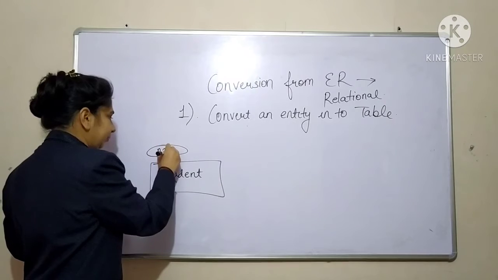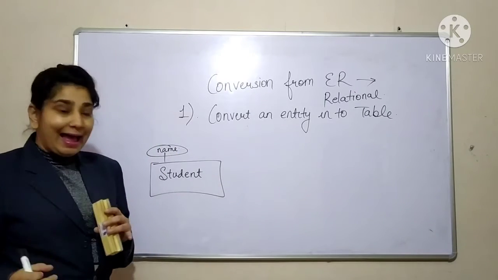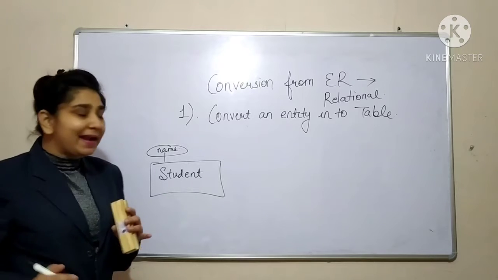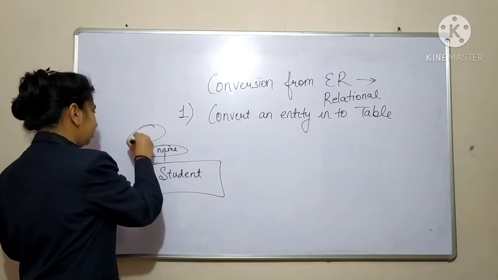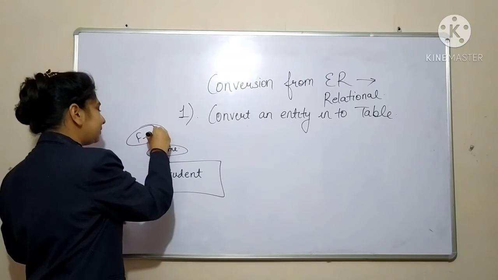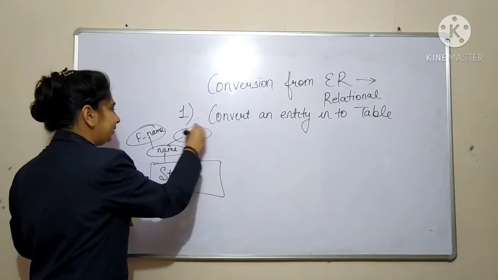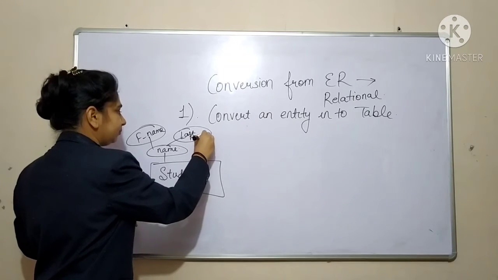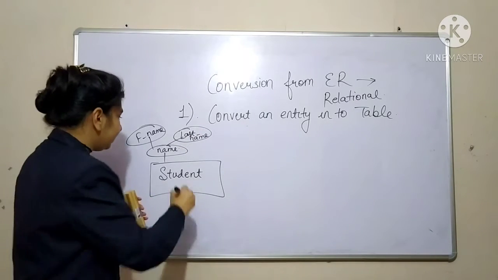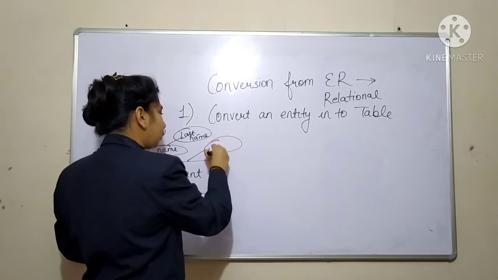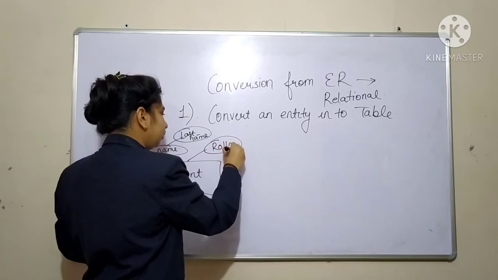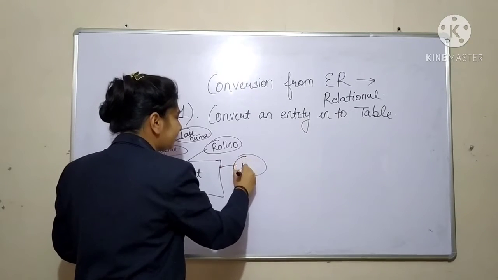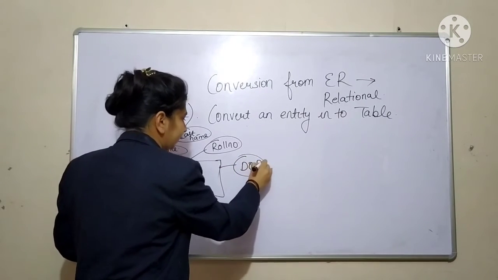Let's suppose name, and this name is actually your composite attribute. It has further first name and last name. Then we have roll number, and one more attribute we have is date of birth.